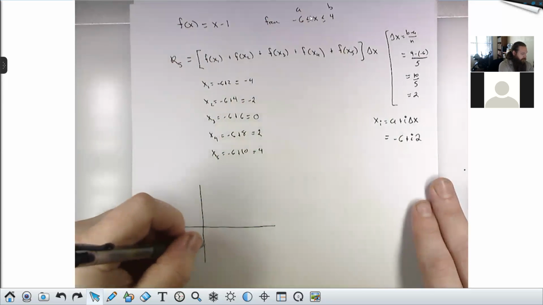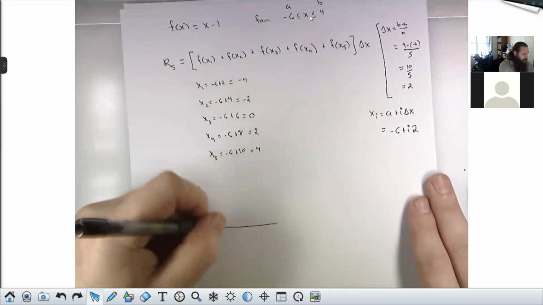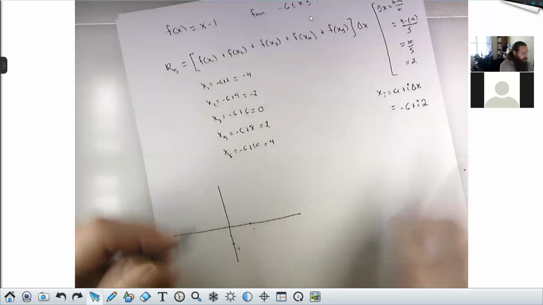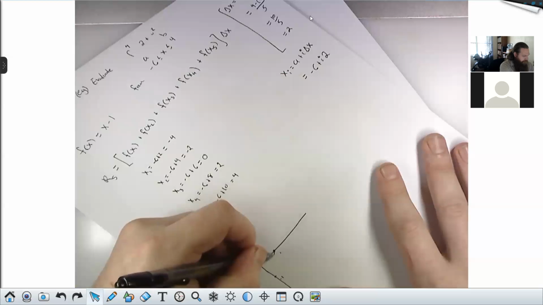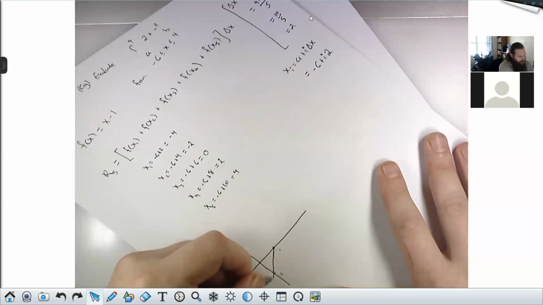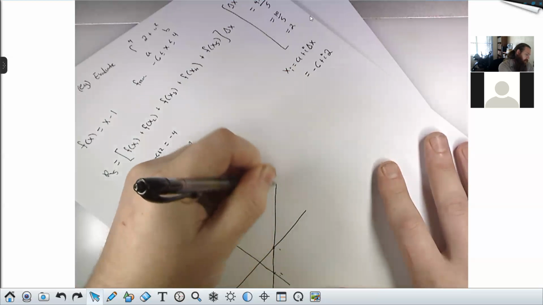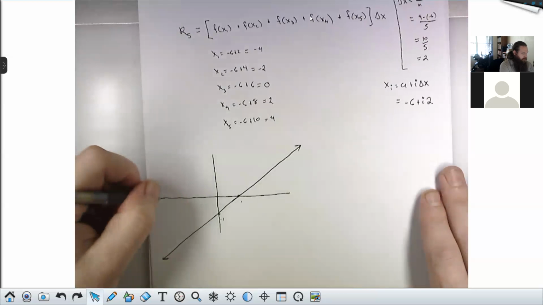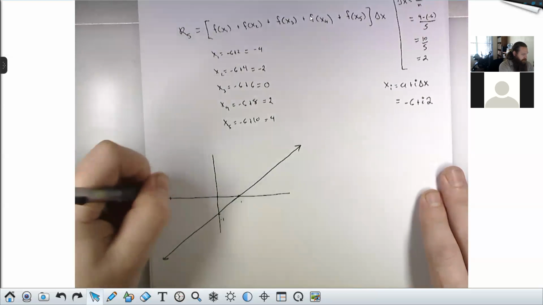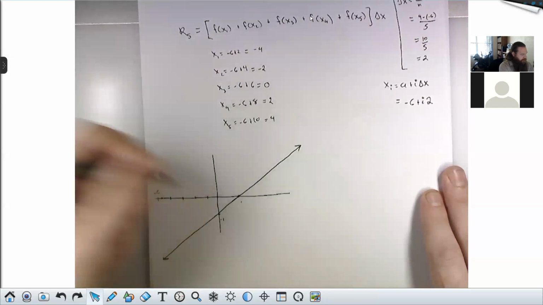If we want to think of this from the picture, we can do that too. This is a line with slope 1 and y-intercept -1, so it would look like this. If this over here was -6, and then -5, -4, I'm going to have to break this up a little differently.